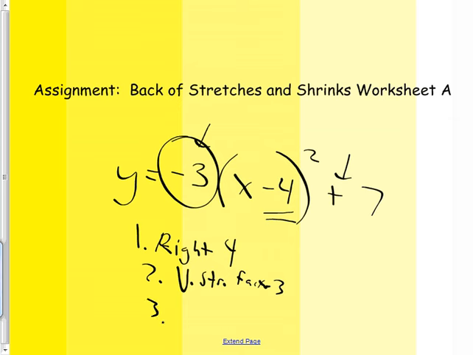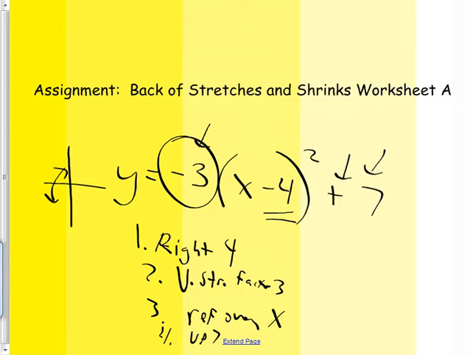Okay, and that's a reflection over, and it's up-down. So if you're going up-down, it's going over the x-axis. And number 4, the last thing, which is this 7 here. So it's up 7. Okay, that's the right order to do it in, and all the things that you need to know about stretching and shrinking. All right, that's it for today.